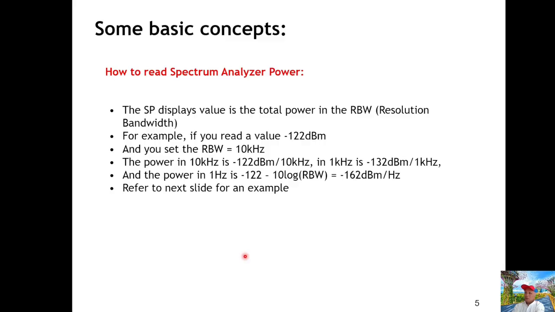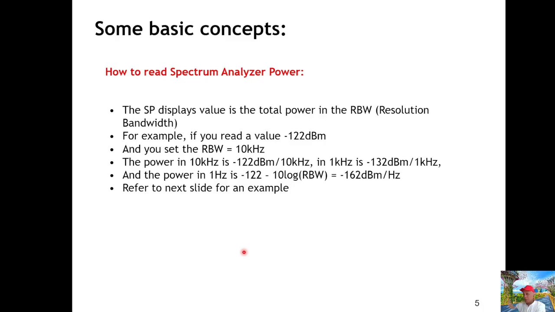Next, we need to know how to read the spectrum analyzer's power. In a spectrum analyzer, if you put a marker there and read the value, for example minus 122 dBm, what is this value? This is not a real RF power. I have seen quite a lot of RF engineers make this mistake. If you read the value minus 122 dBm or whatever value, you need to see what the RBW, the resolution bandwidth, is.